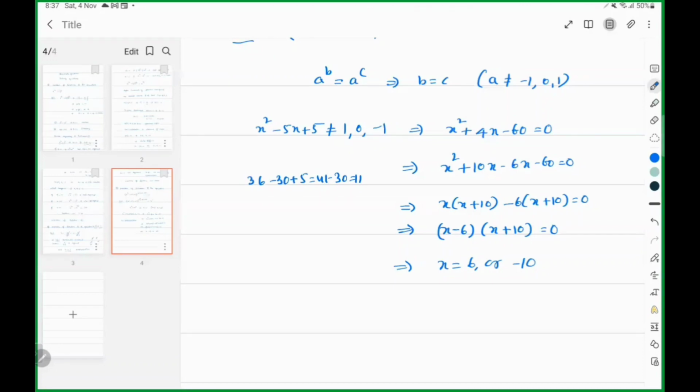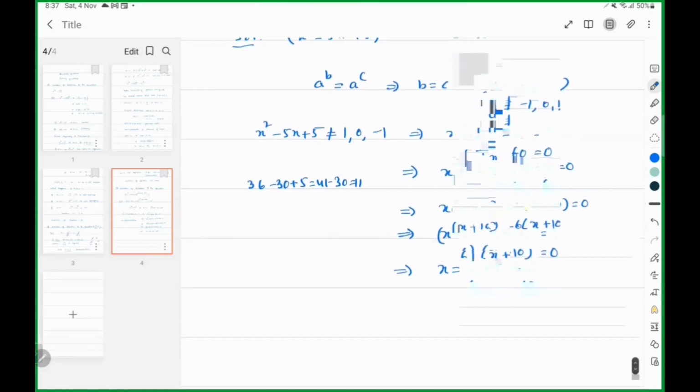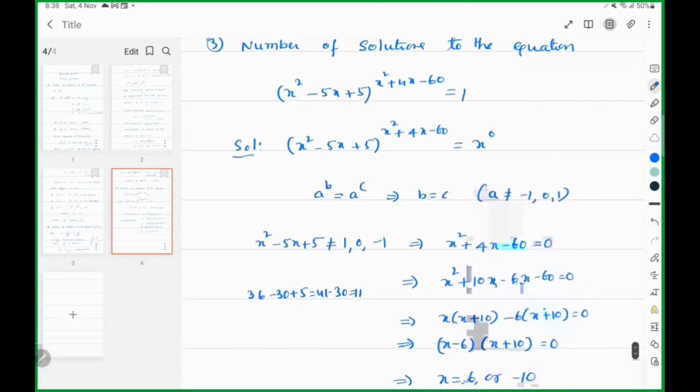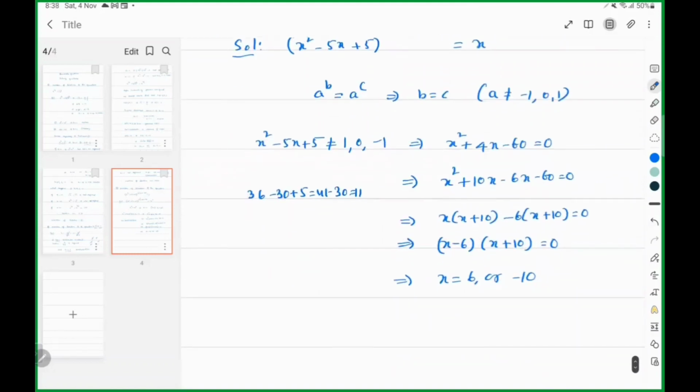But here, if you check this way, you will find that neither 6 nor minus 10 satisfies this. Therefore, we have to consider both the solutions. So till now we have two solutions. We can't say that these are the final solutions.